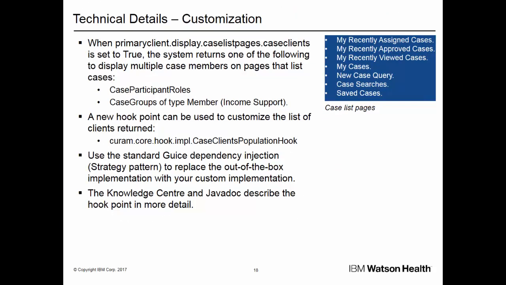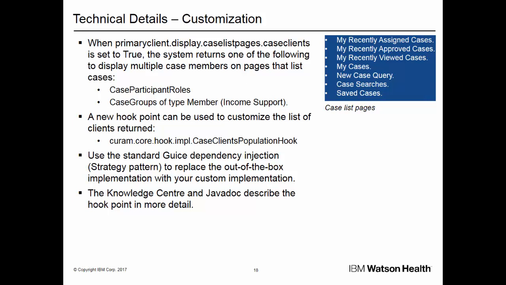When caselistpages.caseClients is set to true, the primary client is hidden, and the system returns one of the following to display multiple case members on pages that list cases: case participant roles of type member, or members of the case groups of type member that are associated with the case.